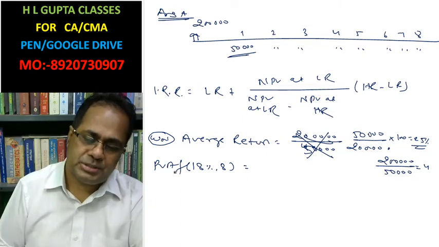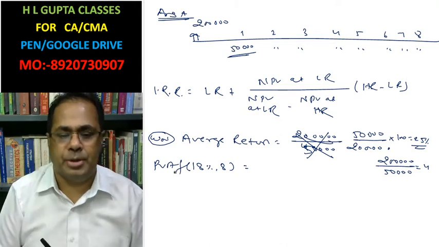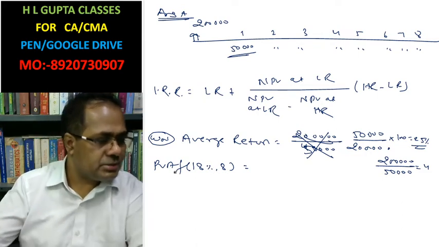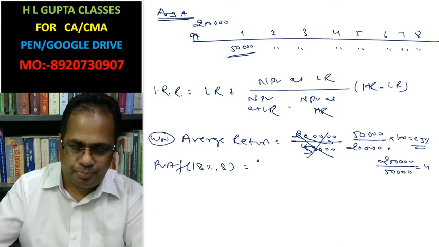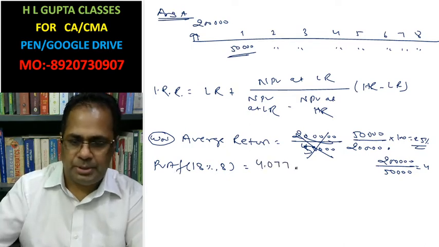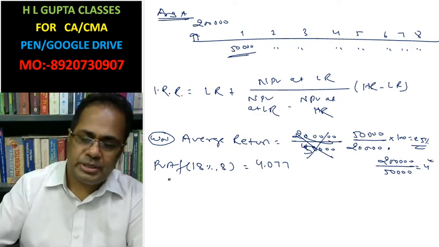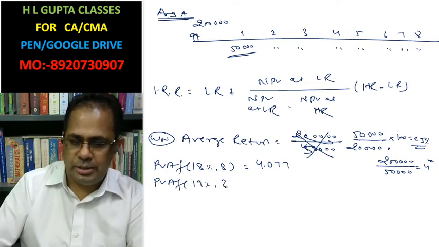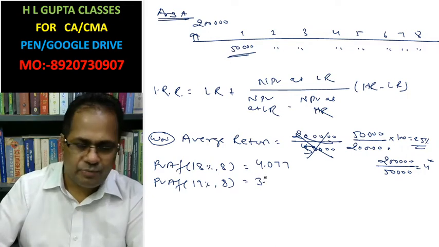Why 18%? We have to see from the present value annuity factor table. You need a table for this. At 18%, the present value annuity factor is 4.077, but it should be 4. Therefore we must increase the rate. At 19%, 8 years, it is 3.954.